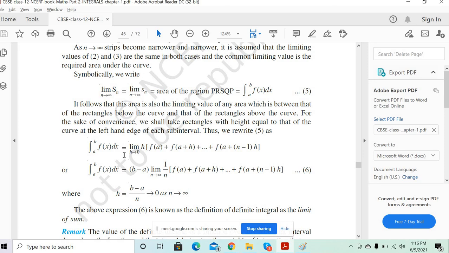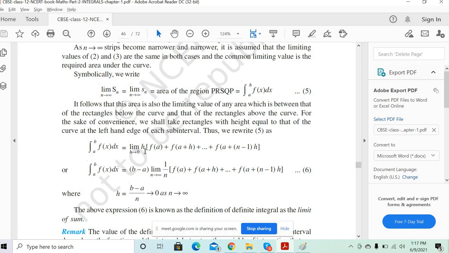Got it? We are doing the summation of all the function areas with respect to very small width, h tends to 0.